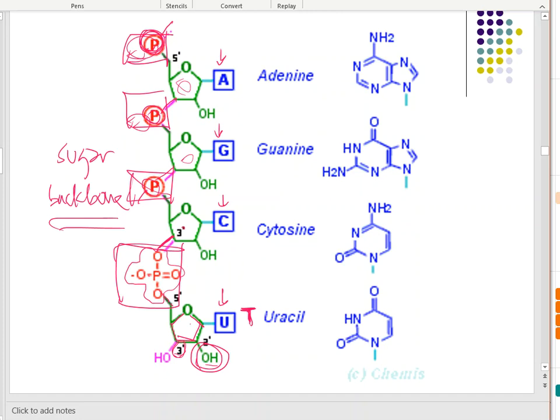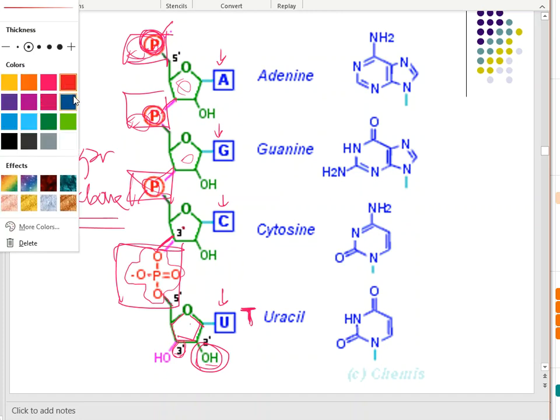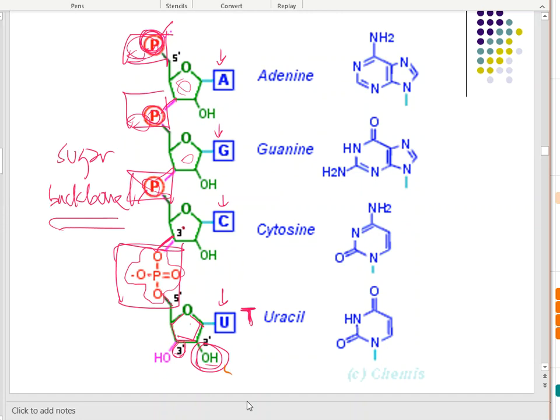If we did not have an OH group there at all, period, we just erase it, this would then change to DNA. That is my 2-deoxy form. And this U would have had to been a T if that was the case. So just a slight difference. That's really all that we're after.